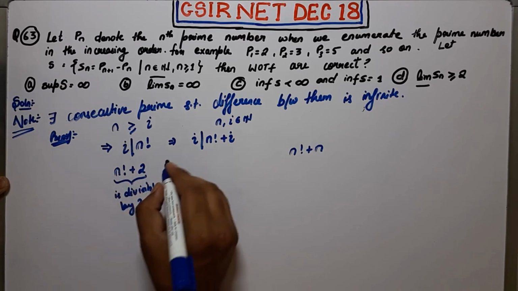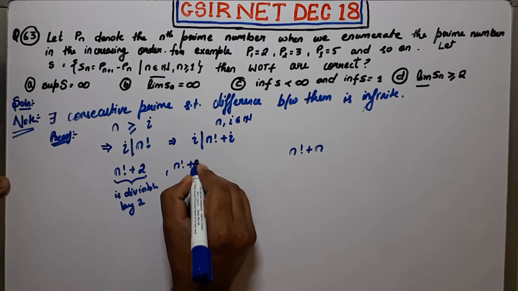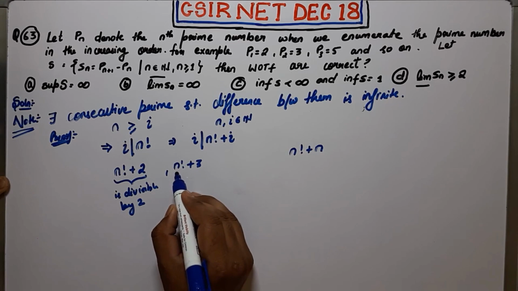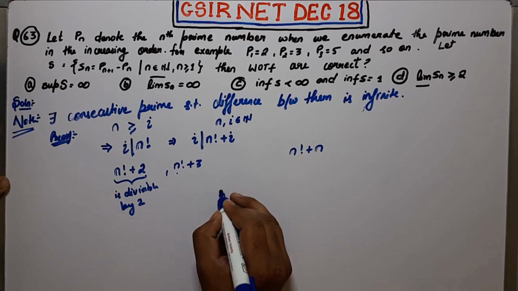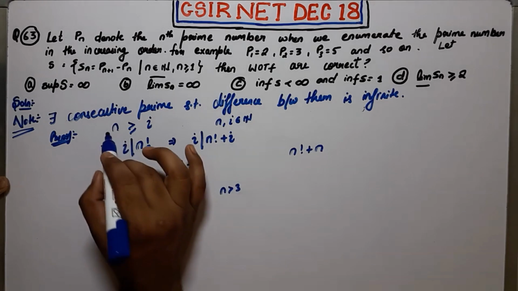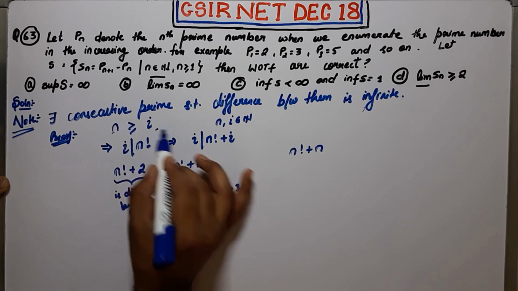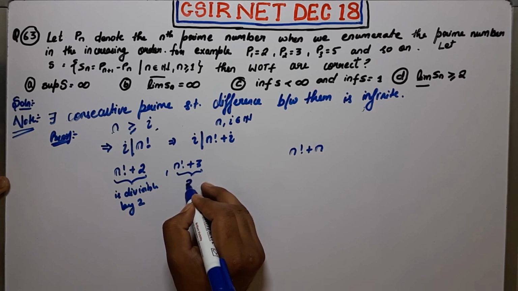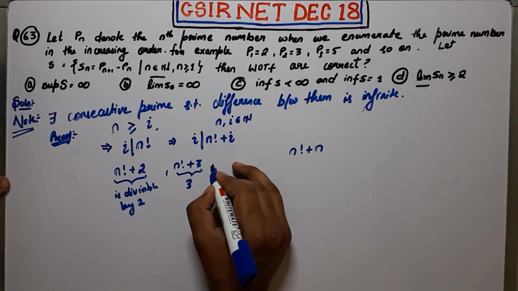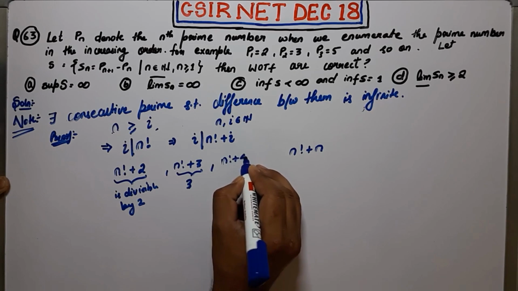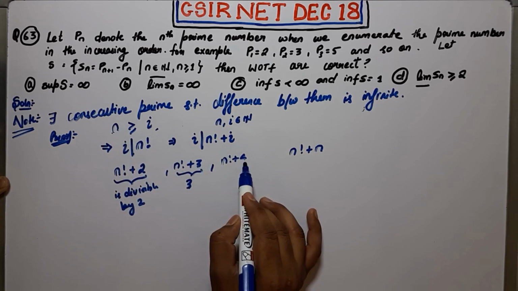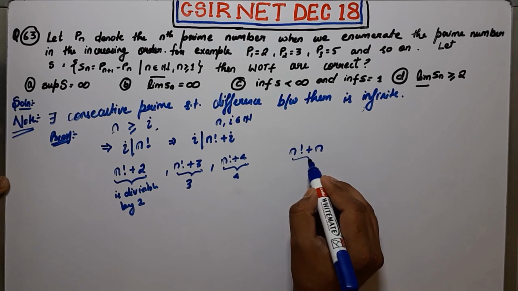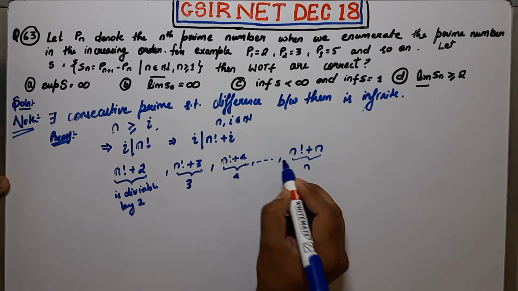Now I take the next number, making it a sequence. Since n is large enough, n is greater than 3, so 3 will divide this one. Since n is large enough, n must be greater than 4, that means 4 must divide this one, and n must divide this one. So we got a sequence.